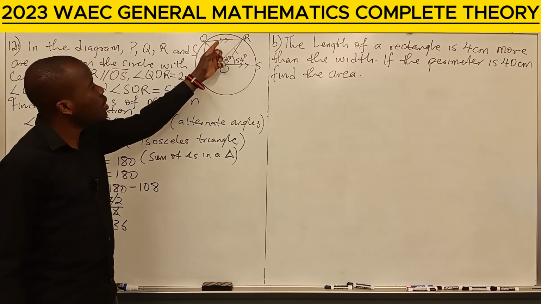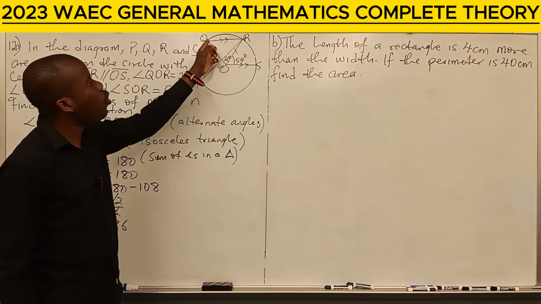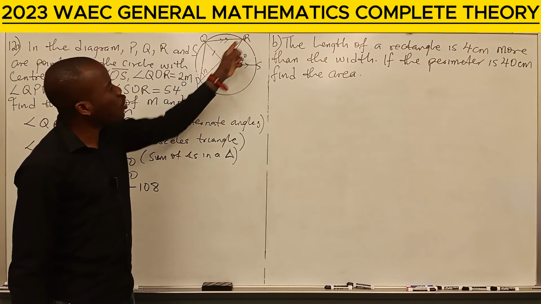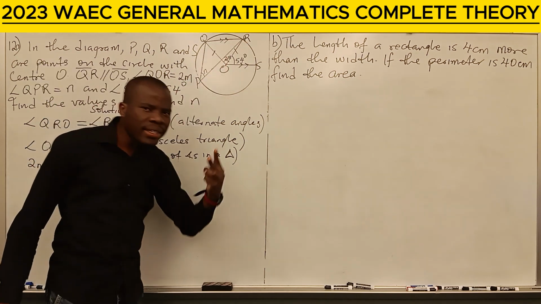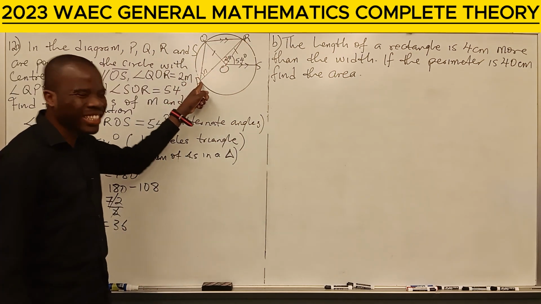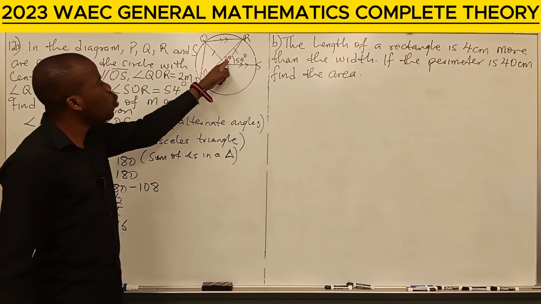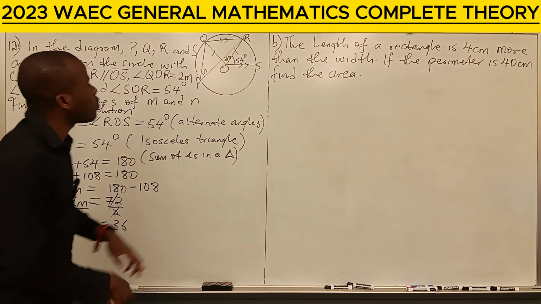The theorem says the angle which a chord or an arc subtends at the center is twice the angle which it subtends at the circumference. So this 2M will be twice this.